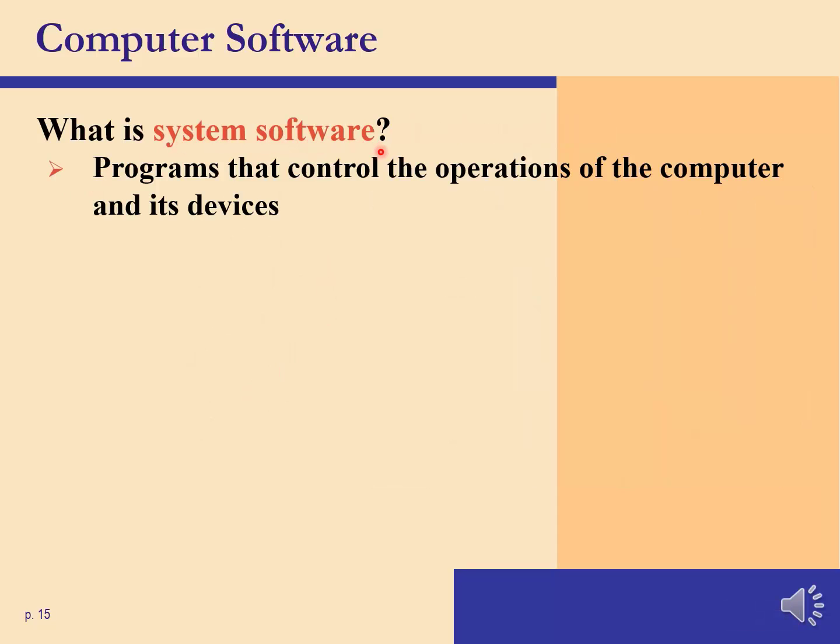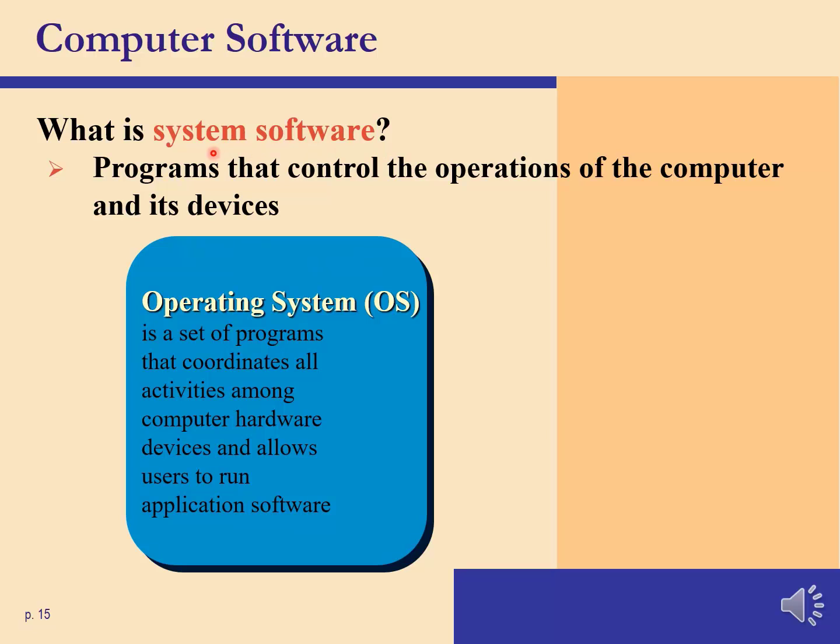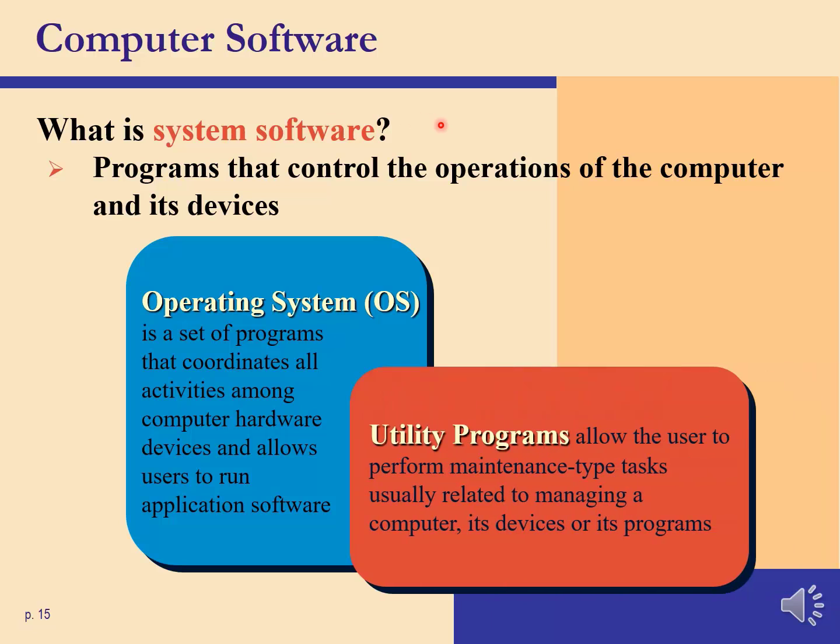Computer software. What is system software? System software are the programs that control the operation of computers and its devices. As we said, the computer is divided into two parts. The first part is hardware. The second part is software.